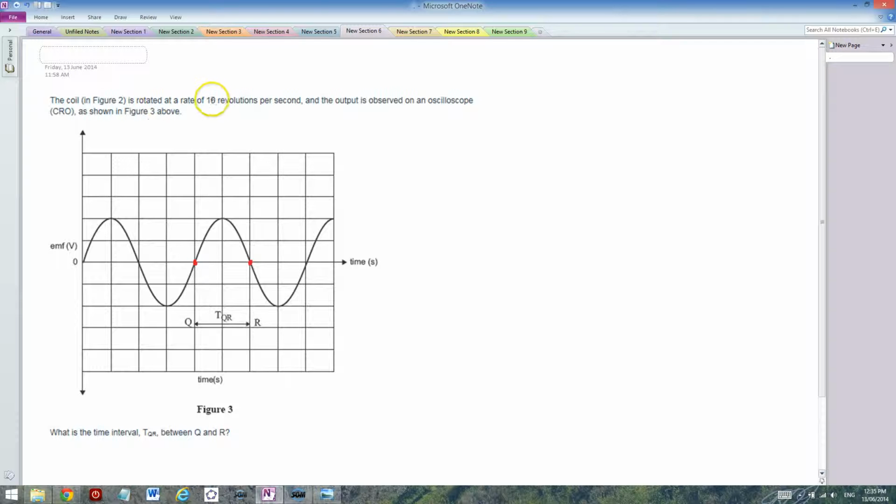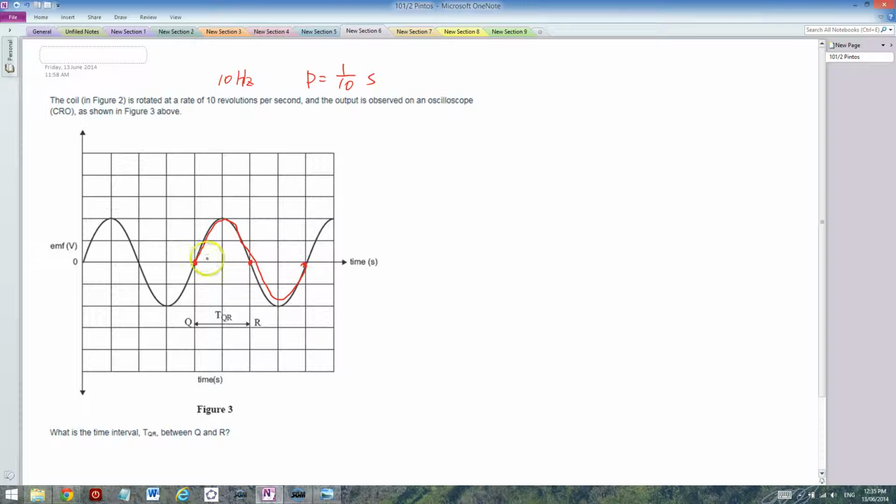a rotor is rotating at 10 hertz, 10 revolutions per second. So the period must be 1 on 10 seconds. Okay, if you look at this section of the graph, it is half of the period.